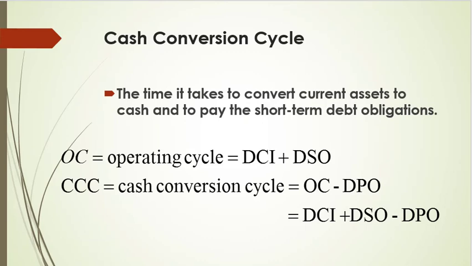A final kind of analysis that we can do is something called a cash conversion cycle. Now, looking at the cash conversion cycle basically takes our days ratios and puts them into perspective with the business cycle itself.